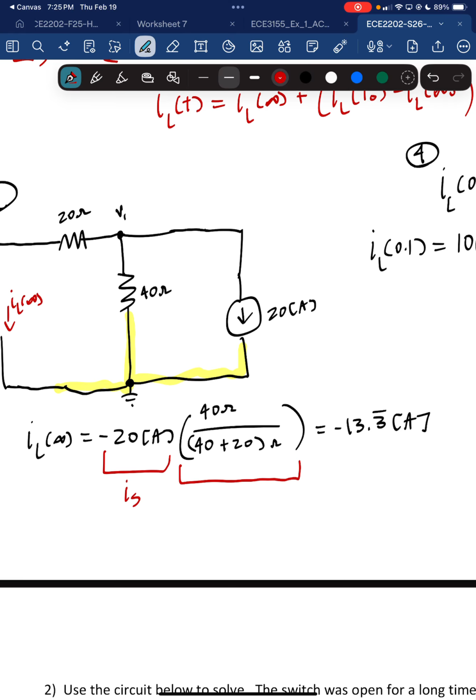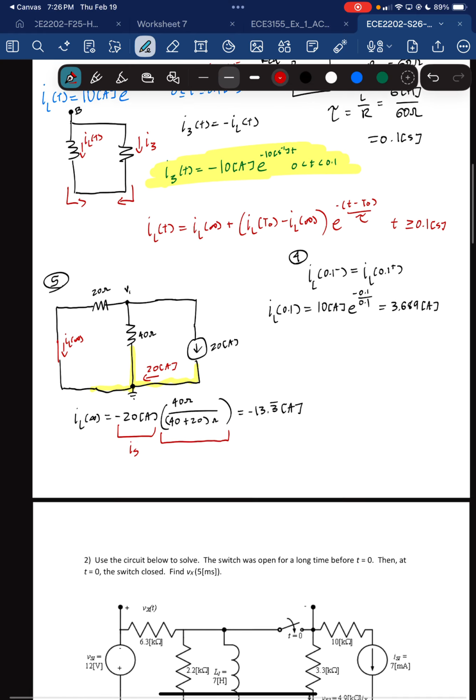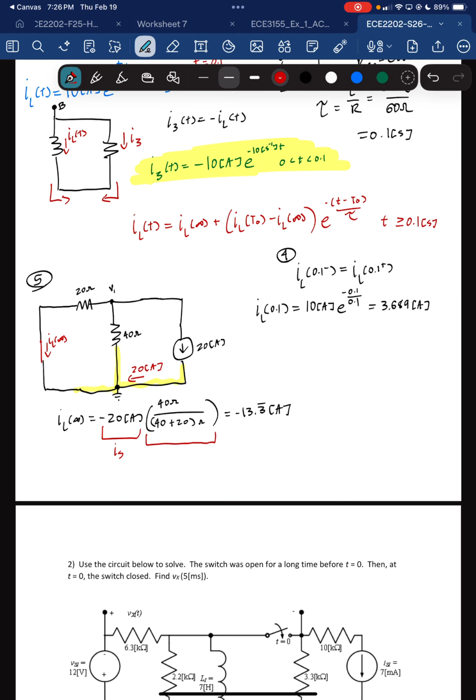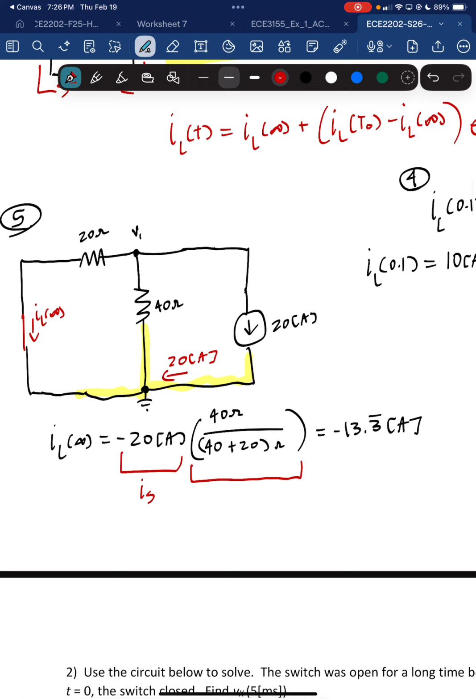That tells you how much current is going through each branch. Now for your source current, that's going to be the current source, right? Naturally. And that's going to be entering the junction like this. Now, if you don't include a negative sign, the current that we would have solved for is the one going in this direction.